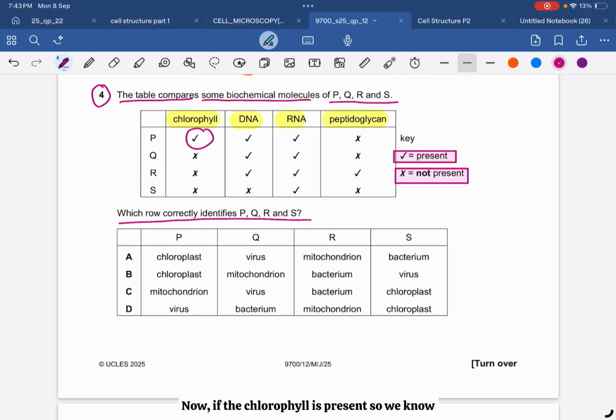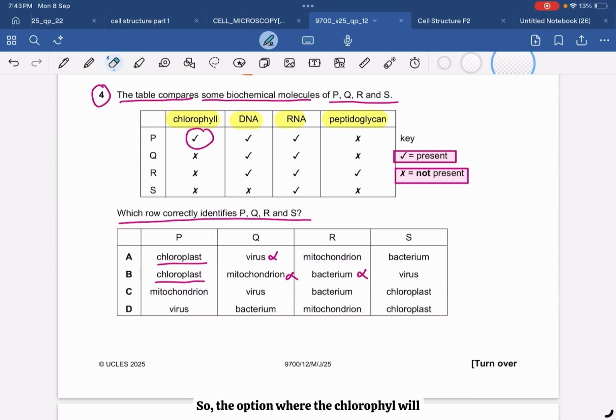Now if the chlorophyll is present, we know that it can be the chloroplast. We can clearly tell that the chloroplast will be there where the chlorophyll is present, because obviously the chlorophyll cannot be present in the virus, the mitochondria, or the bacteria.